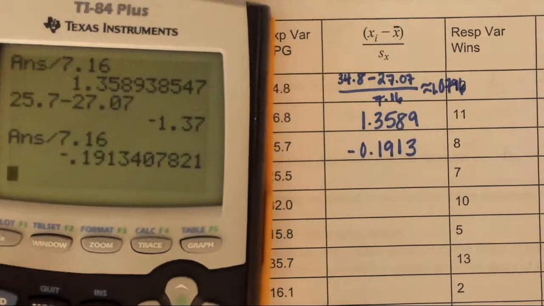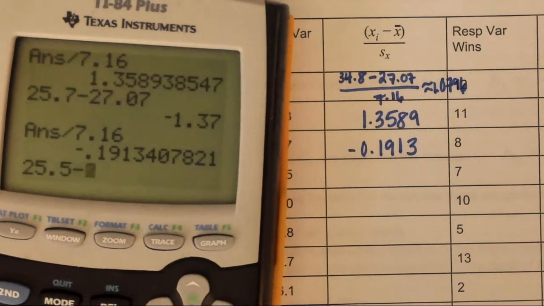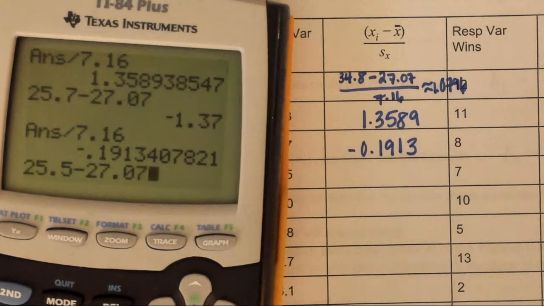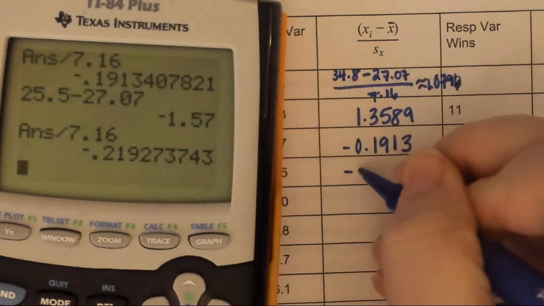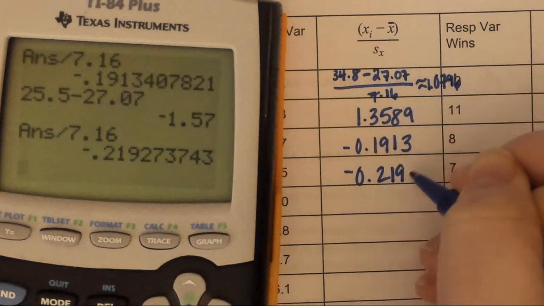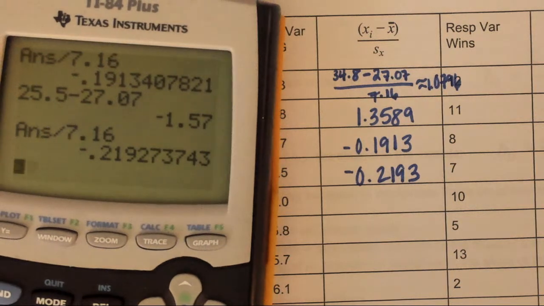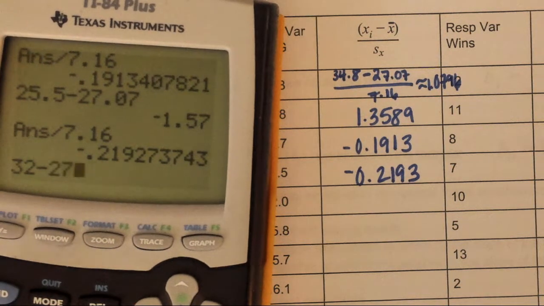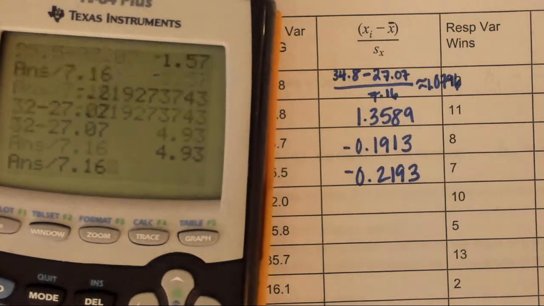Next value is 25.5, so 25.5 minus 27.07 divided by 7.16. I got negative 0.2193. Next one is 32. So 32 minus 27.07 divided by 7.16.